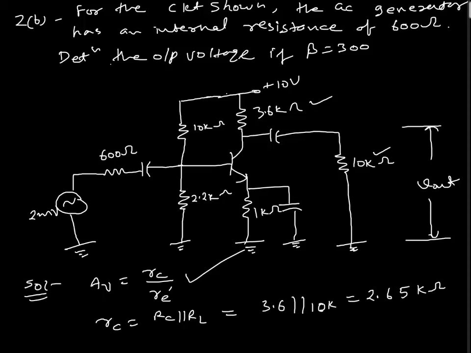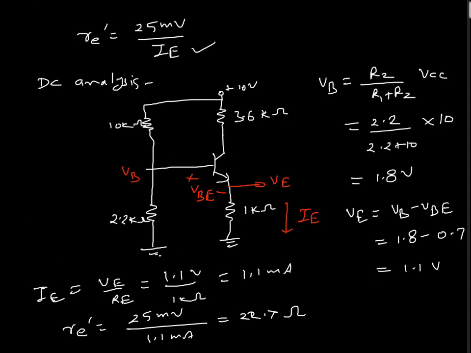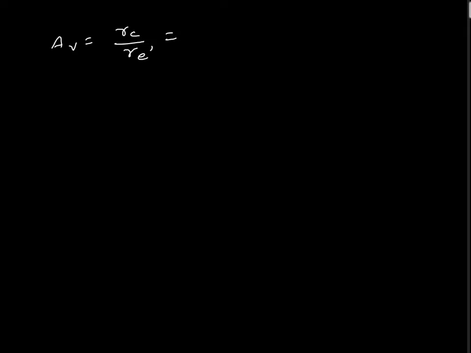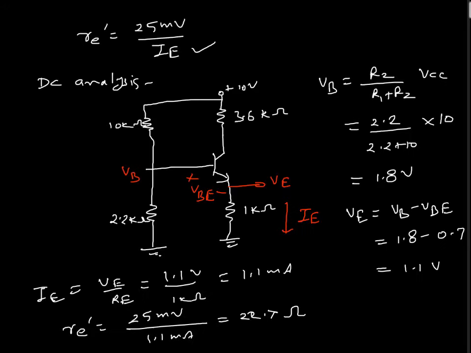Now, if we know the value of RE prime, using this formula, we'll get the value of the voltage gain. So AV equals RC by RE prime. How much RC did we get? RC was 2.65 kilo ohm. And how much did we get for RE prime? RE prime is 22.7 ohm.